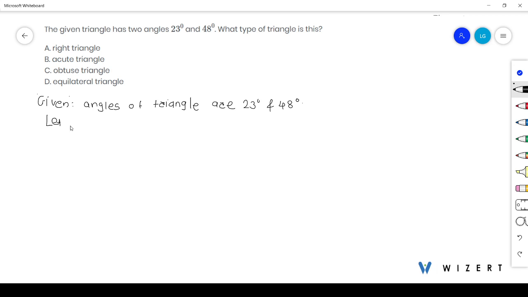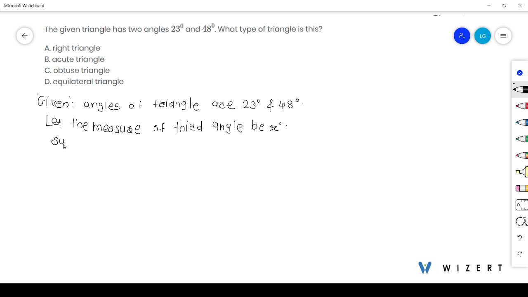To find the type of triangle, let us find the third angle. Let the measure of third angle be x degree.